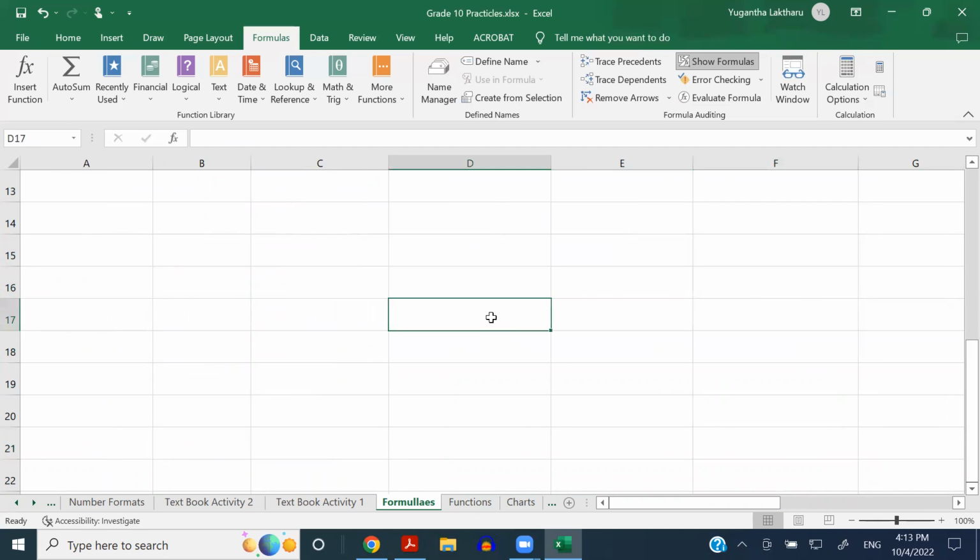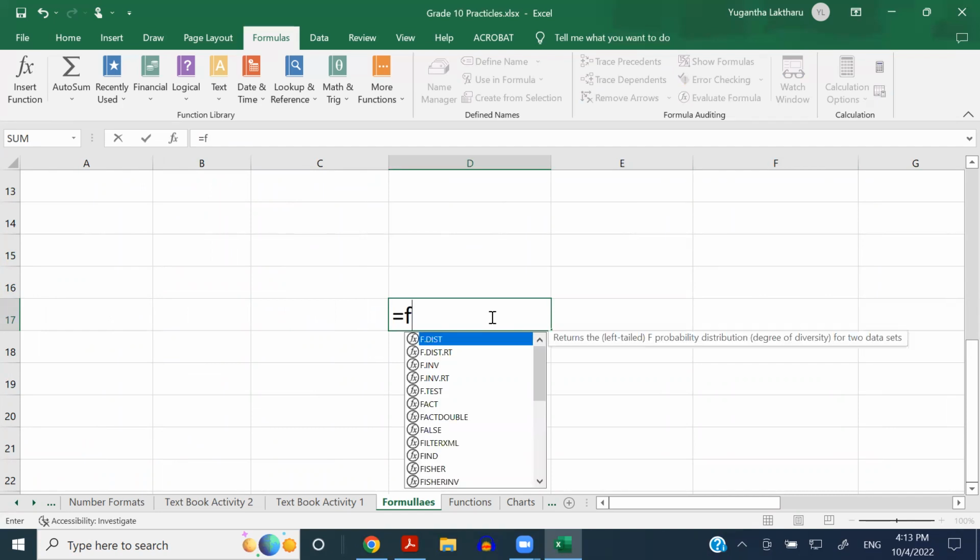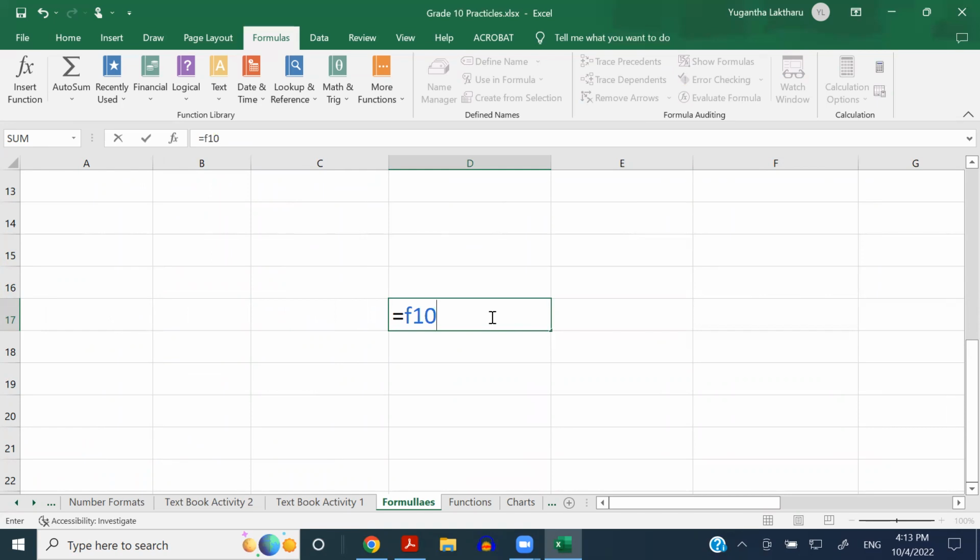I'm taking a small formula over here, saying equals, yeah, I'll take a random one, F10 plus K19, right? So that's the formula over here.